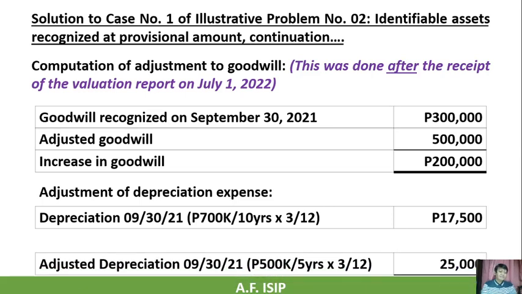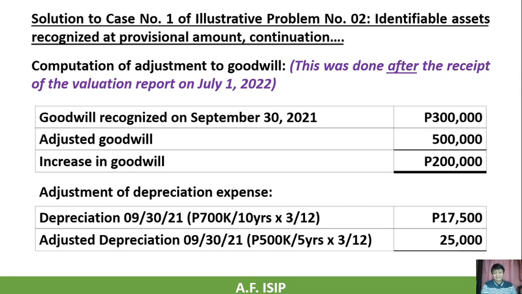pesos. So the correct depreciation is 25,000 pesos. So 500,000 pesos, what is 500,000? That is the correct amount of the building reflected in the valuation report, divided by 5 years, the correct estimated useful life, multiplied by 3/12, that is 25,000 pesos.